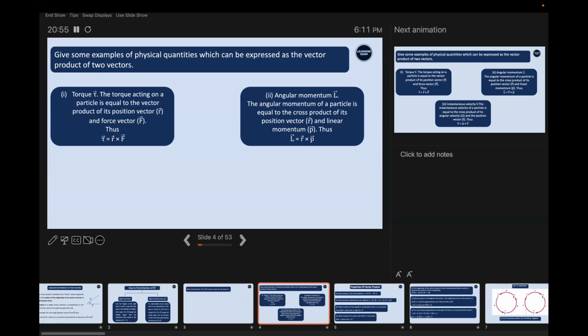So observe, it is position vector cross force vector in the case of torque, whereas in the case of angular momentum, it is position vector cross linear momentum vector. Is that clear?